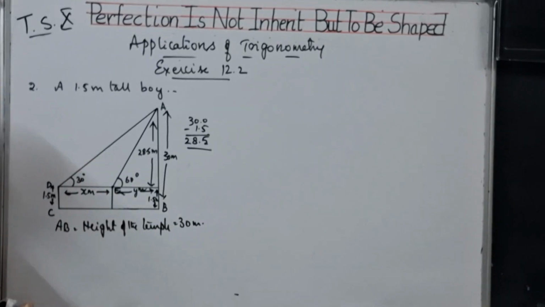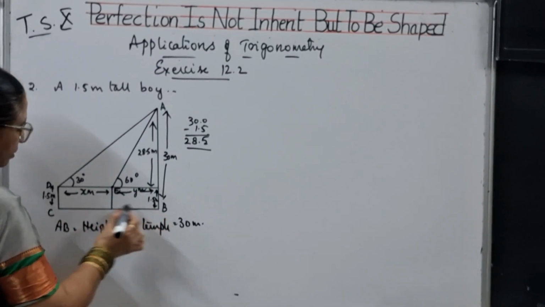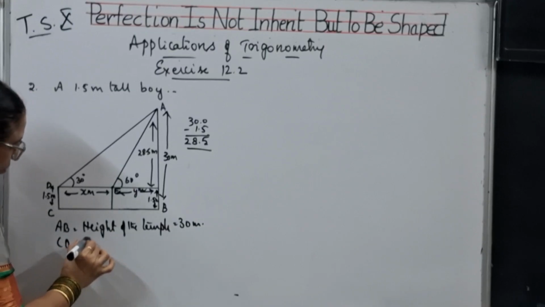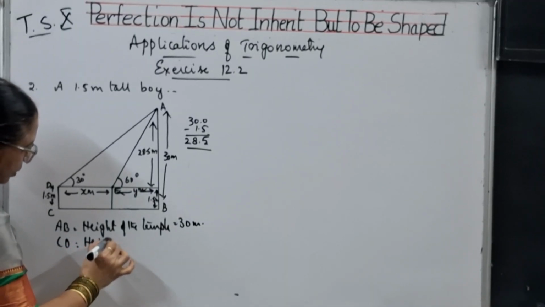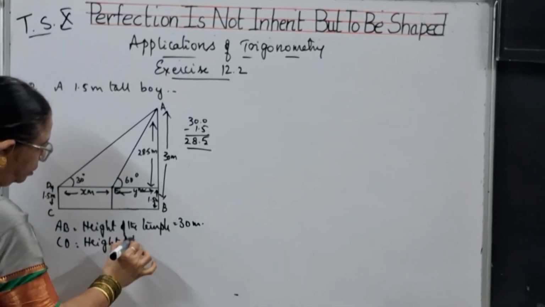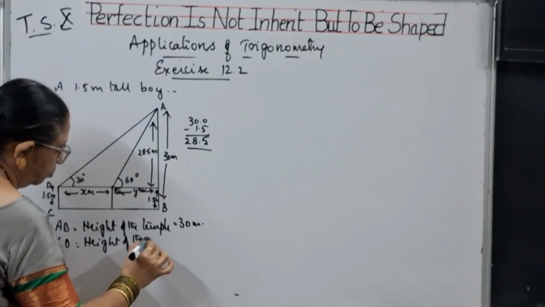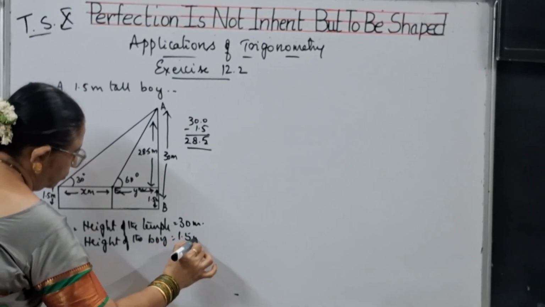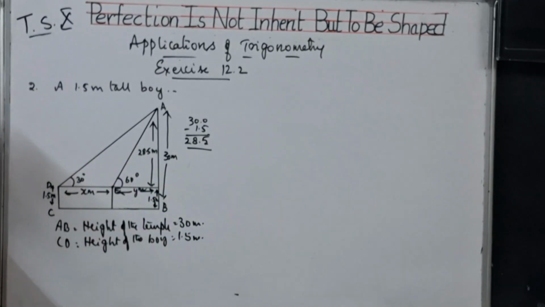And what else can we say? CD is the height of the boy, 1.5 meters.